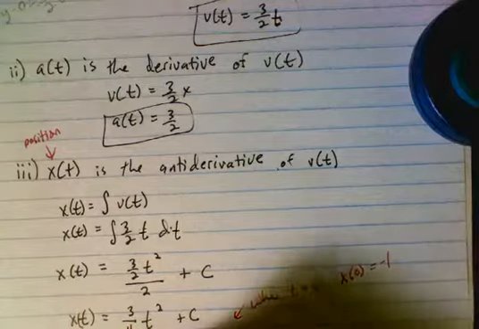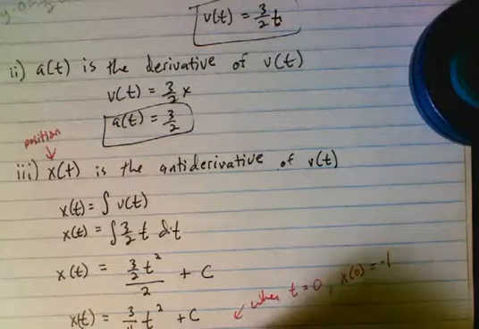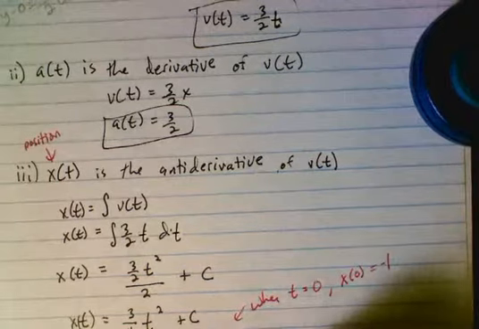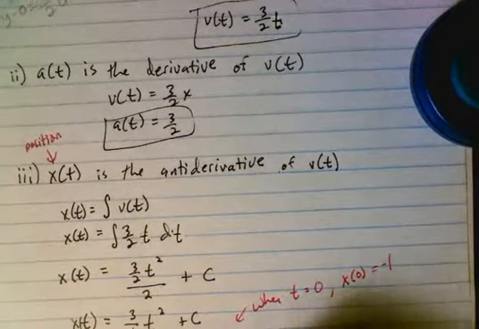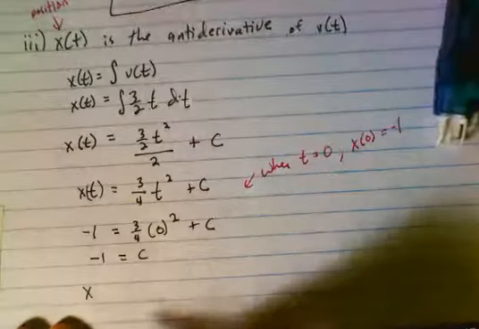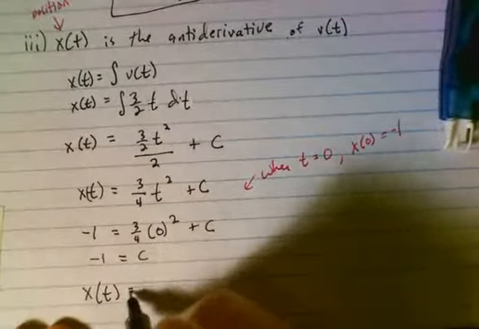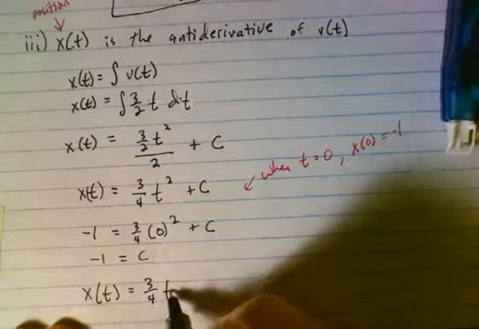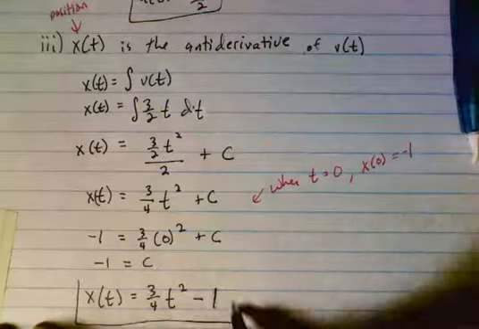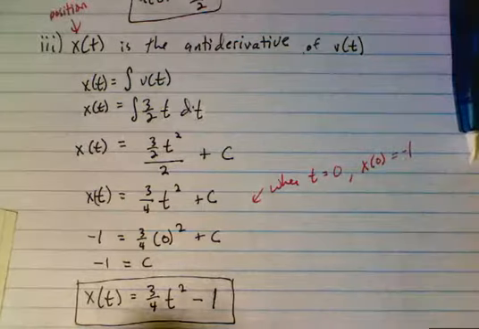So that means -1 equals 3/4 times 0 squared, plus c. c equals -1. So our final equation is right like that.